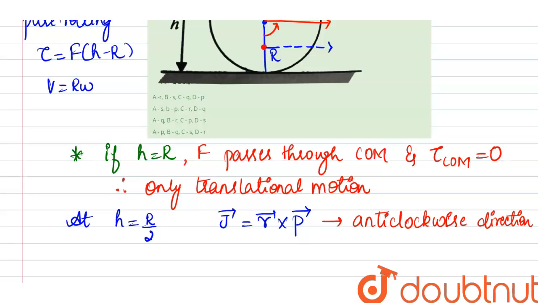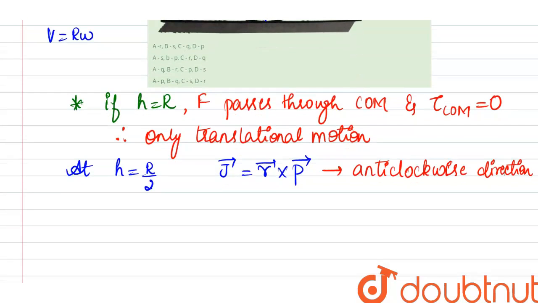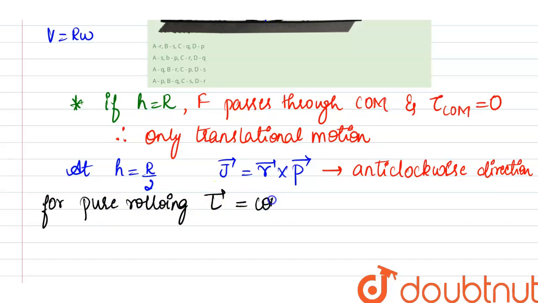How will I get to know that it is undergoing pure rolling? For pure rolling, angular momentum should be conserved. That means mv into h minus r should be nothing but I omega.